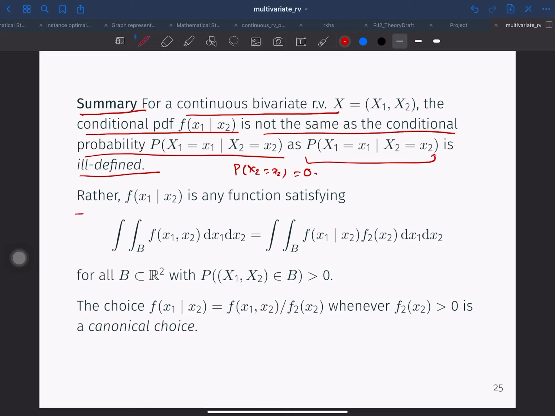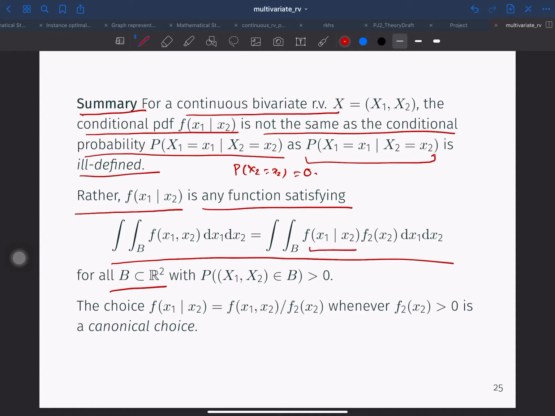Rather, this conditional PDF is any function that satisfies this property for all sets B. So what we meant is that the product of the function f here and the marginal should be the same as the joint PDF. So this choice here is a canonical choice. It's not a unique choice, but it's a widely used choice.